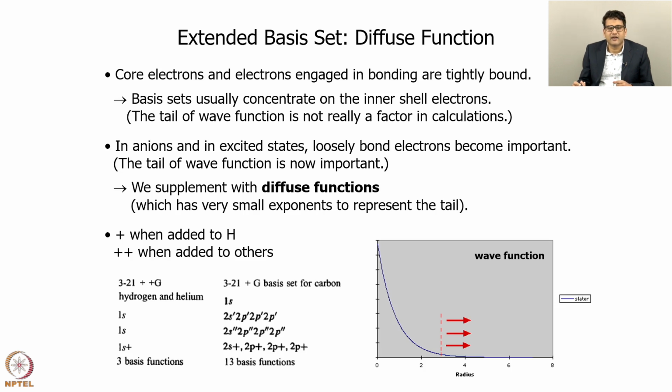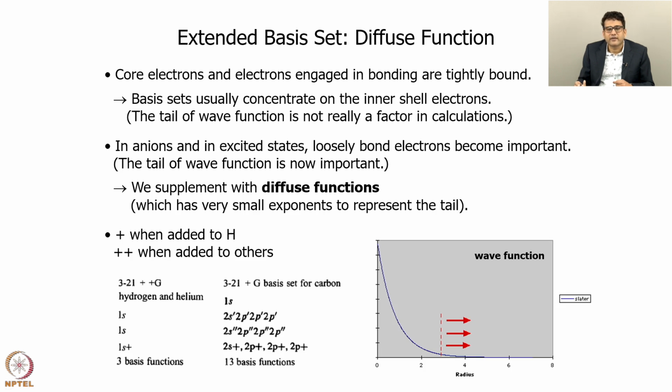If I take, let us say, 6-31G plus plus, then my valence orbital has two 1s functions, 2 and 1, because it is a double zeta basis set. The first one will be expanded in 2 Gaussians, the second in 1 Gaussian. I will also add another s function, which will have a very small exponent, that is diffuse, and now it will be 3 basis functions.